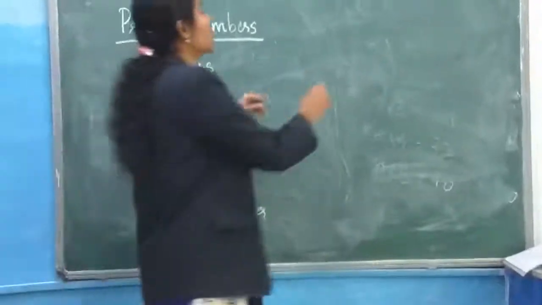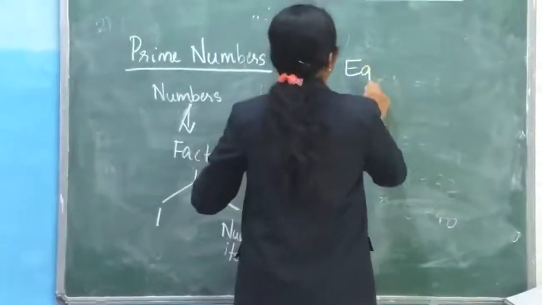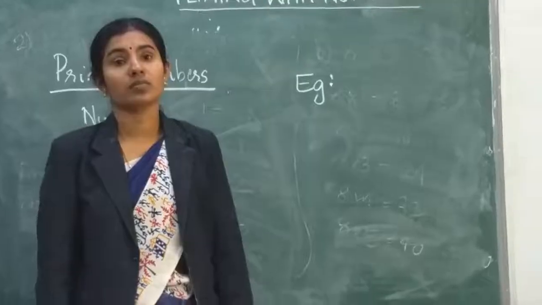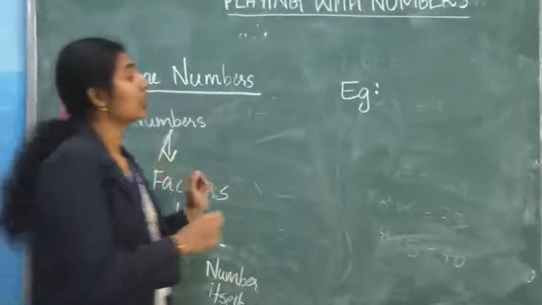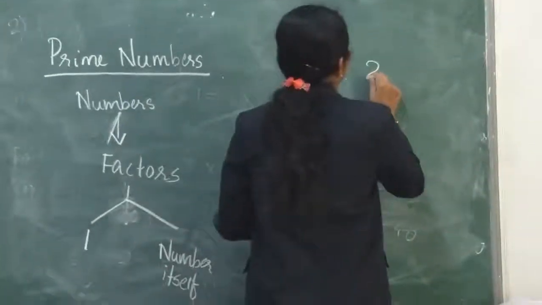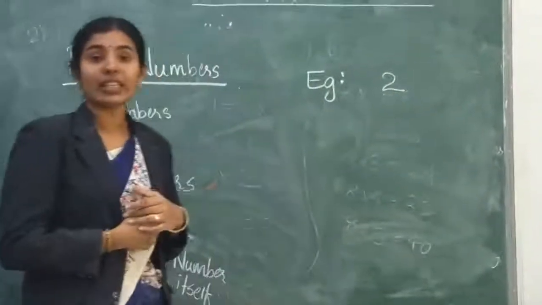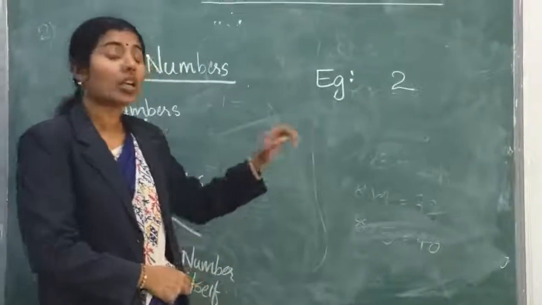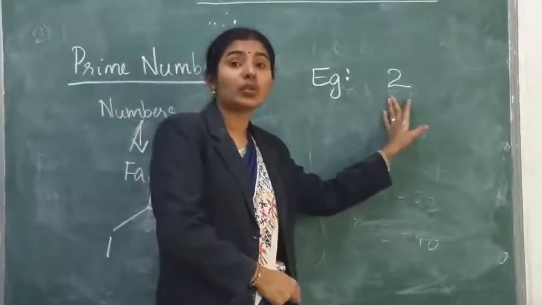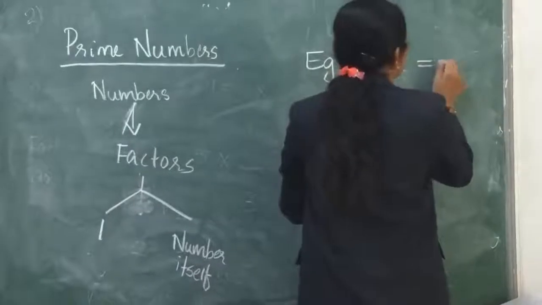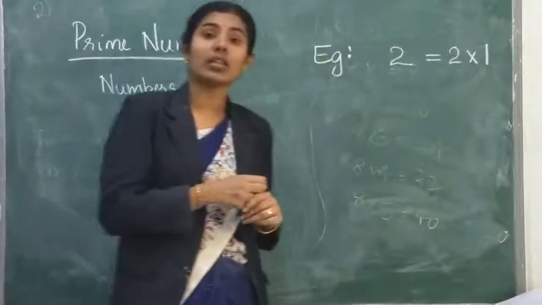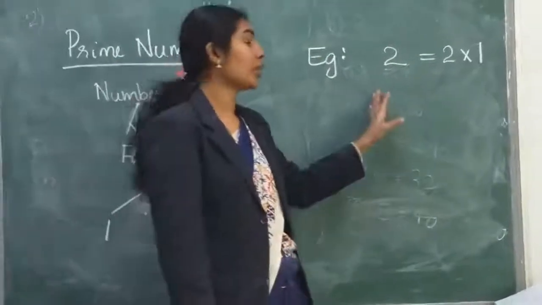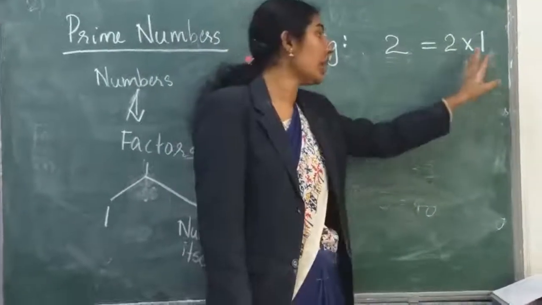For example, see here, I will show one example. I will take 2. Which are the factors of 2? 2 you can write as the multiple of 2 and 1.